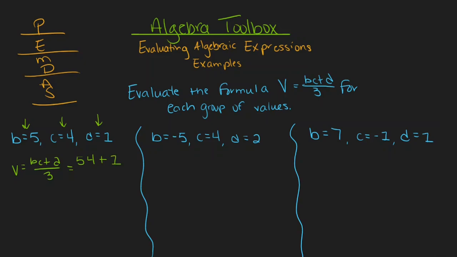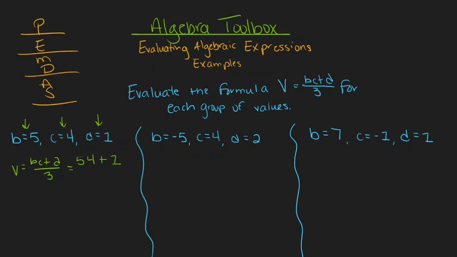Now, one thing that we have to be very careful about at this point is making sure that all of the operations that exist between our variables are still present between our numbers. And we actually have an issue with this example. When we have two variables right next to each other, like we have with B and C, that's another way of showing multiplication.